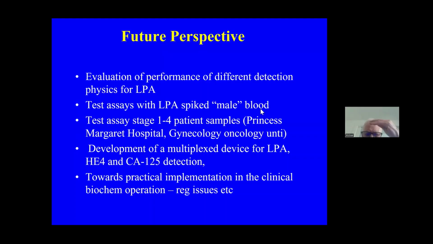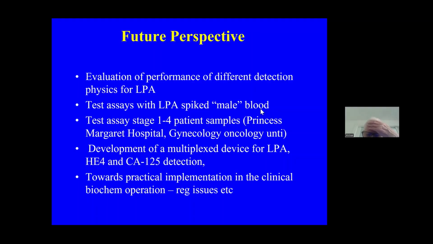A few words to finish up about the future. As you've seen in the brief presentation I've been able to give here, we have different methods for doing this, and right now we're trying to figure out which of these methods would be appropriate for practical use down the road.